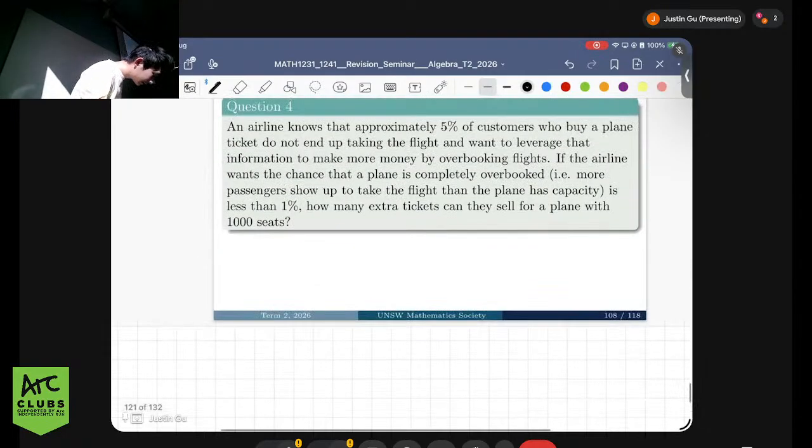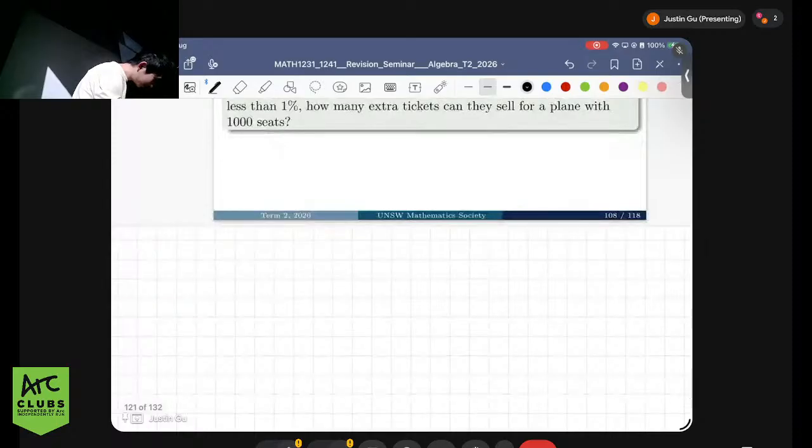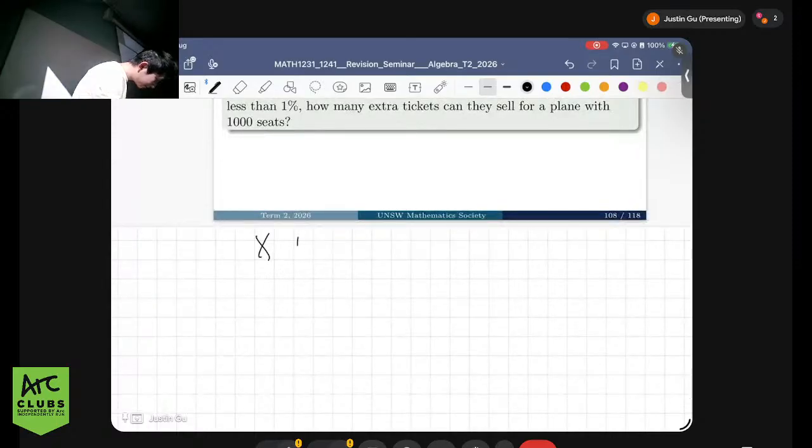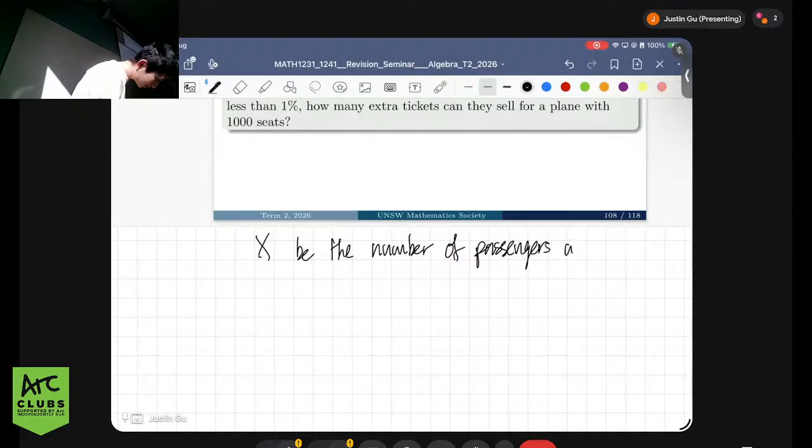Right, so we can do this by saying let x be the number of passengers who show up when n tickets are sold, right?